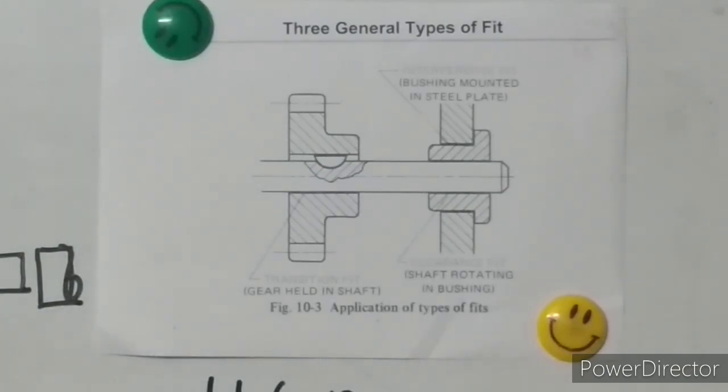The shaft basis system is nothing but the size of the shaft is kept constant. We are going to vary the hole size. So let us repeat. If the shaft is kept constant, different types of fits can be obtained.